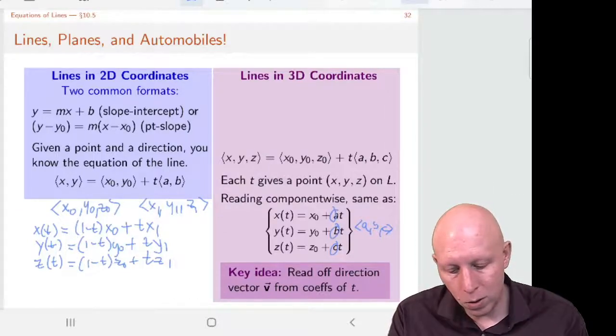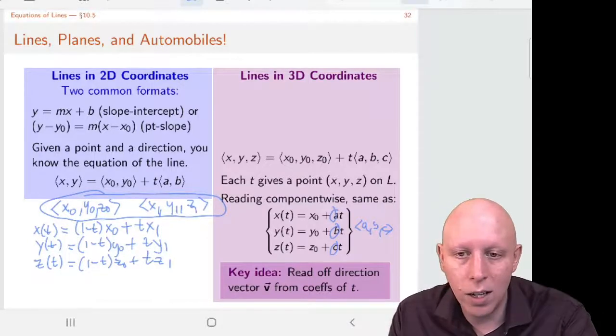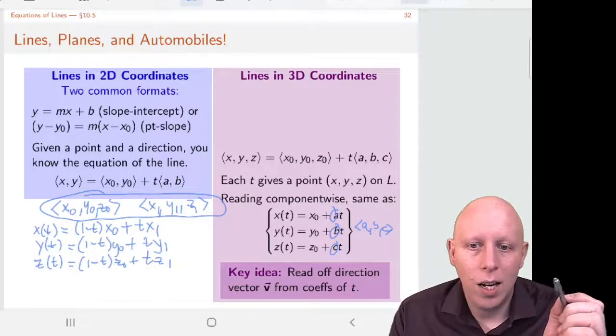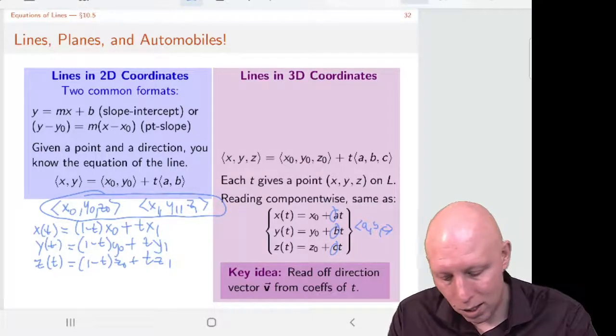All right, and so what's the direction between x naught, y naught, z naught, and x1, y1, z1? Well, it's x1 minus x naught, y1 minus y naught, z1 minus z naught.